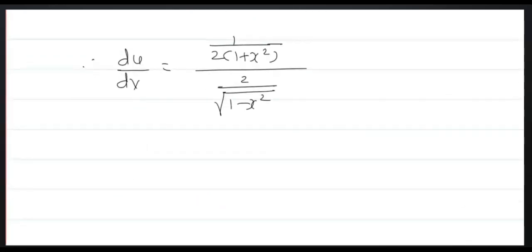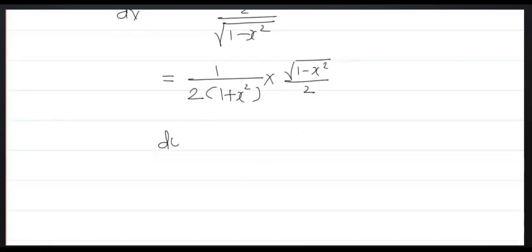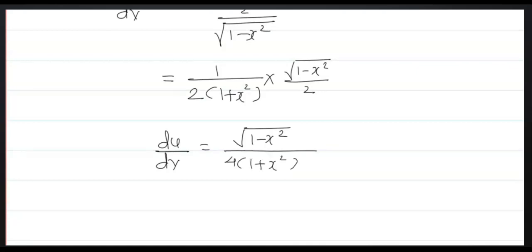If you multiply by the reciprocal, you will get du upon dv is equal to 1 upon 2 in bracket 1 plus x square into root of 1 minus x square upon 2, and that is du upon dv is equal to root of 1 minus x square upon 4 in bracket 1 plus x square.